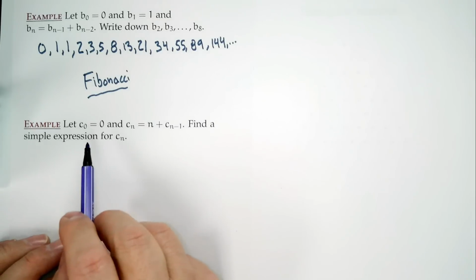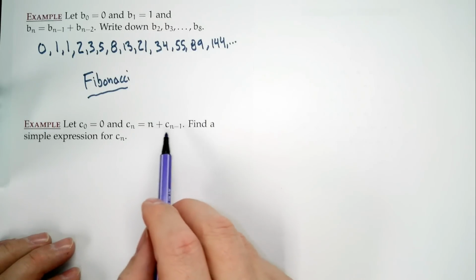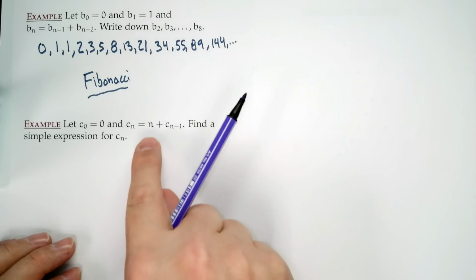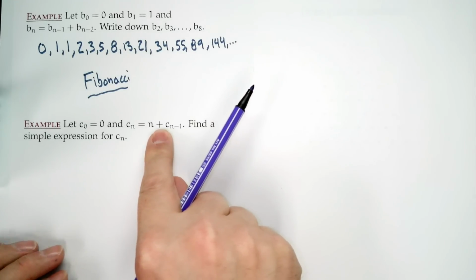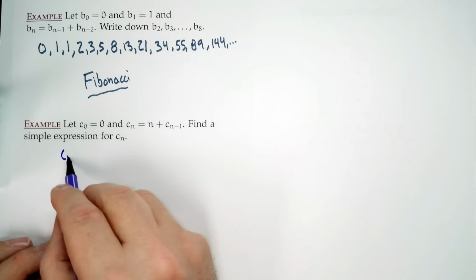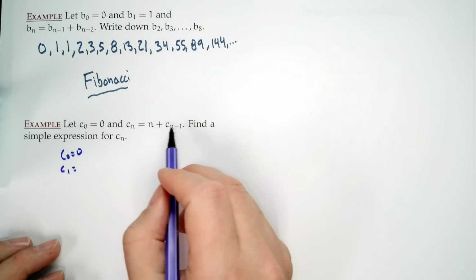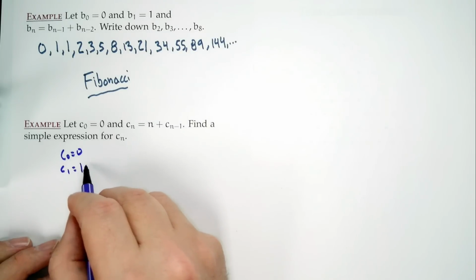Let c0 equals 0, and cn is n plus c(n-1). It's a little bit different. See, we did n times a few minutes ago, now n plus. So what do we have? c0 equals 0. c1 would be 1 plus c0, so 1 plus 0.